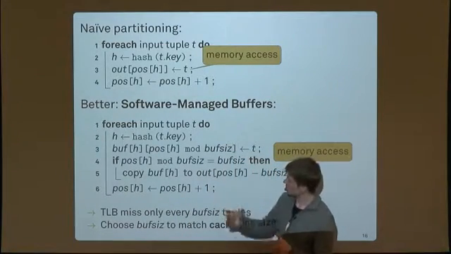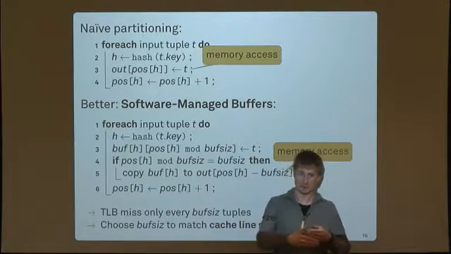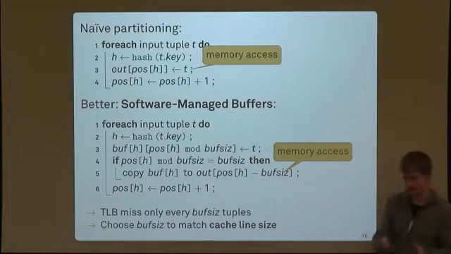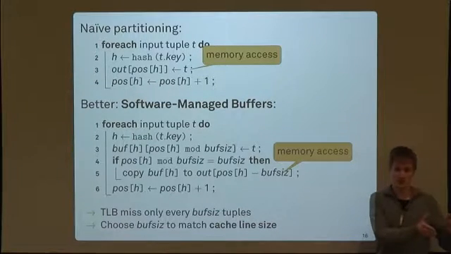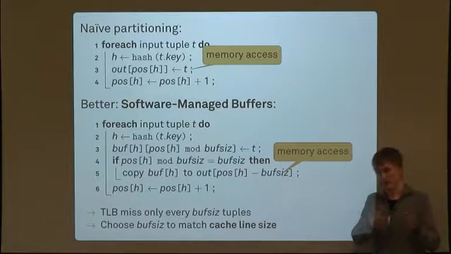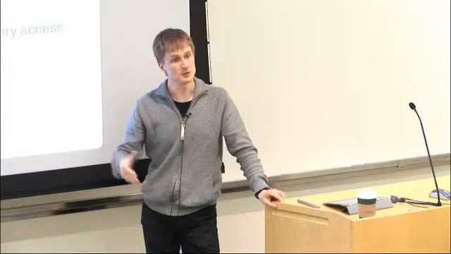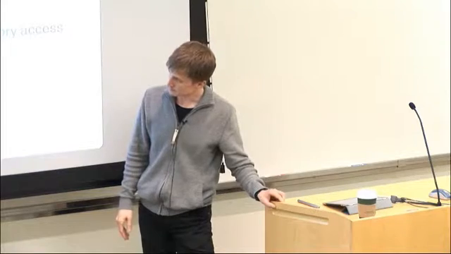So for each partition, you have a little buffer. You fill up that buffer, and only when the buffer is full, you flush it out to the partition. What this means is that if you can have something like 8 tuples in each buffer slot, you get a memory operation that goes all the way to memory and needs a TLB entry only every 8th tuple, so you can push down the number of TLB misses.